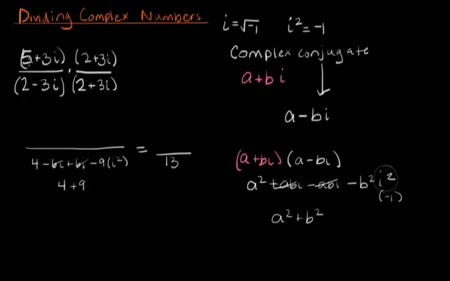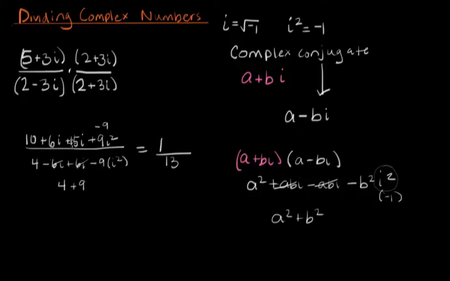So we have 10 plus 6i plus 15i plus 9i squared. So this is going to be minus 9, right? Because i squared is equal to -1. So we have 10 minus 9, which is 1.